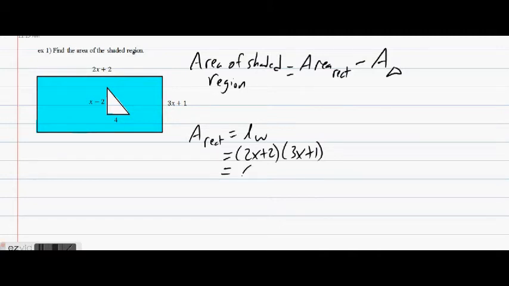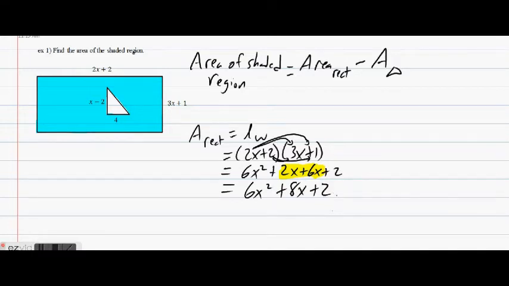So we end up with 6x squared plus 2x plus 6x plus 2. And keeping in mind, we have some like terms here. So the area of our rectangle is 6x squared plus 8x plus 2.